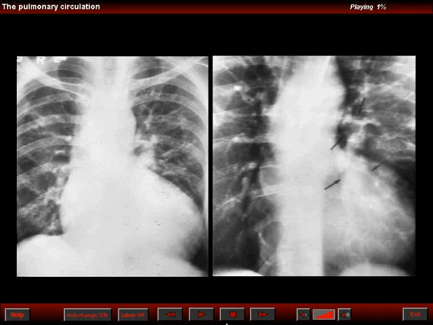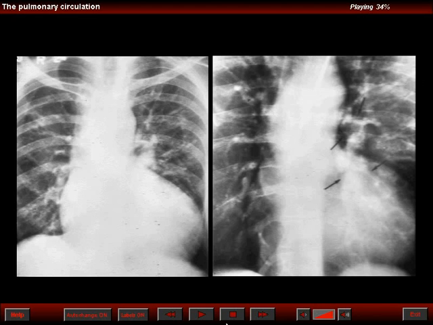There are four types of persistent truncus arteriosus. In the first three, we may see some degree of vascular plethora, and the pulmonary trunk arises as a separate vessel from the dorsal aspect of the trunk, or it can be replaced by a right and a left pulmonary artery, which may share a common orifice, or each arise independently from the truncus.